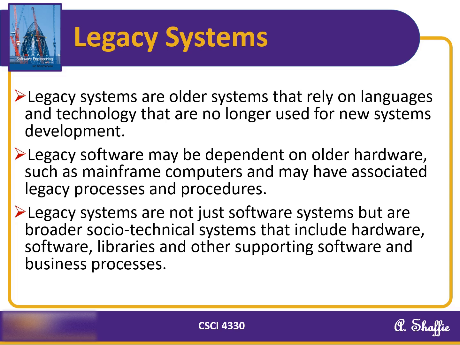While these systems are reliable, any change, like adding new online banking features, requires significant effort because they are deeply integrated with old hardware, software, and business workflow. As we move forward, we will explore why organizations continue to use these systems and the challenges they pose when adapting to modern requirements.